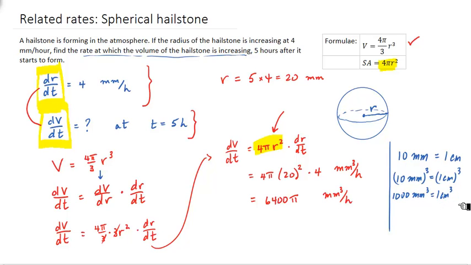So since my answer is in millimeters cubed per hour, and I have a lot of them, 6,400 pi, I'm just going to shift the decimal point 3 places and call this 6.4 pi cubic centimeters per hour. And that's the rate of change of volume with respect to time at the 5-hour mark. You would want to write a therefore sentence if you're doing this for homework or on an assessment.